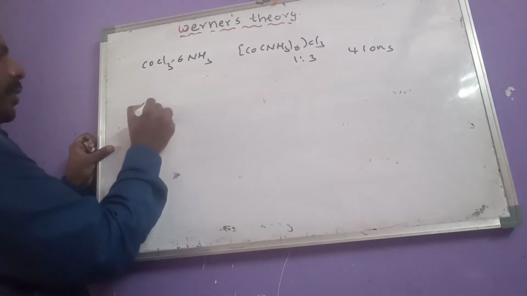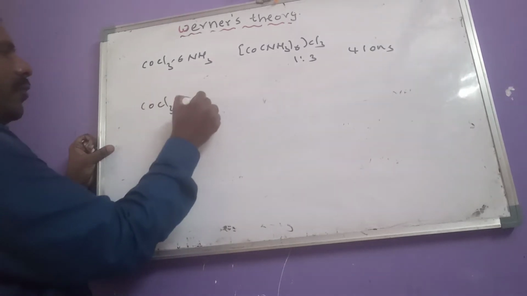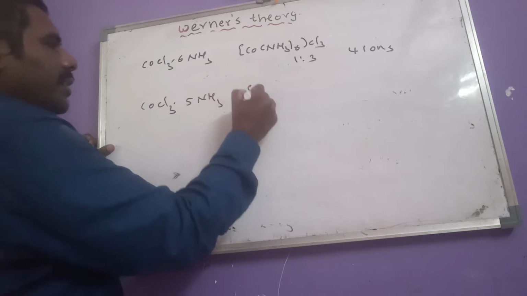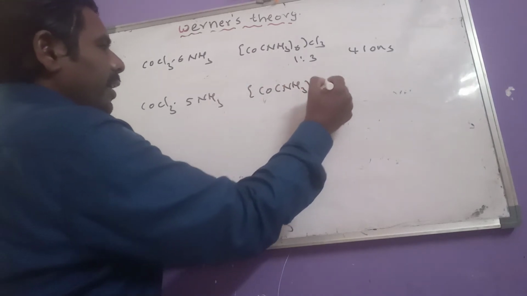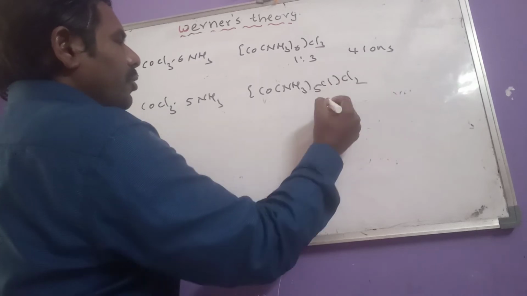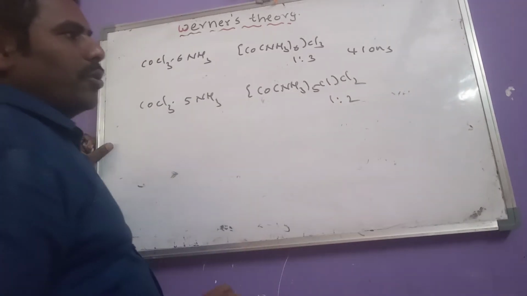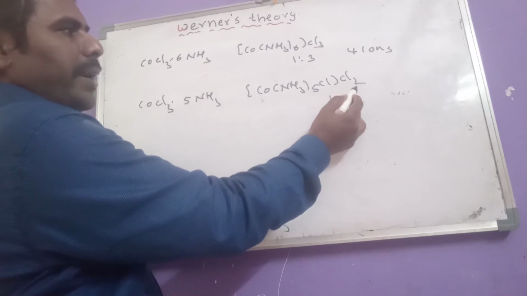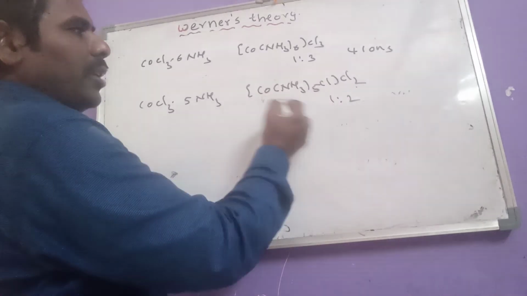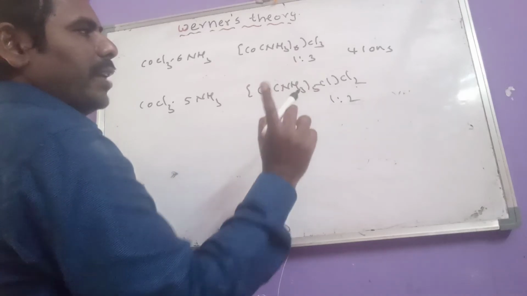Okay, then CoCl3.5NH3. Its structure we can draw like this: [Co(NH3)5Cl]Cl2. It is a 1:2 type of electrolyte. We get 2 Cl minus ions and this total complex coordination sphere as 1 ion.